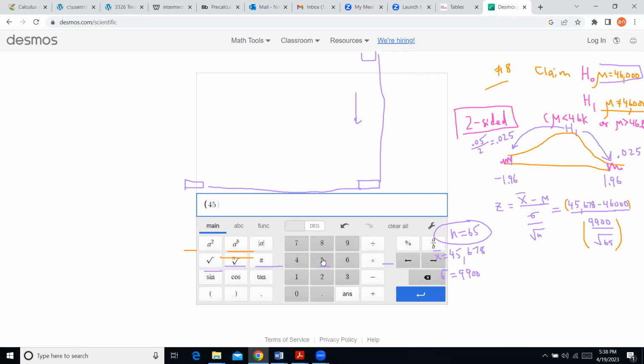We're going to have a final exam, and you will be asked to do a problem similar to this kind of exercise. So you're definitely going to need to find the z-score.